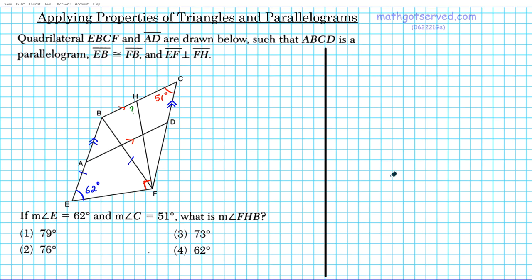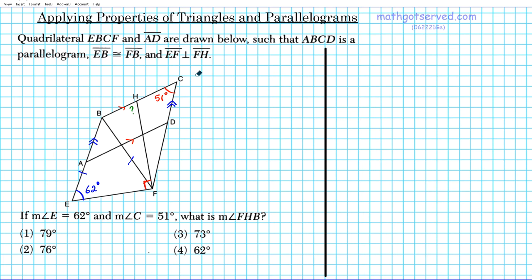Alright, let's get started. First things first, let's focus our attention just on triangle BEF, this triangle right here. We're told that two sides are congruent in this triangle. So what piece of information that we reviewed can we use here? We can use the isosceles triangle theorem to come up with a conclusion.